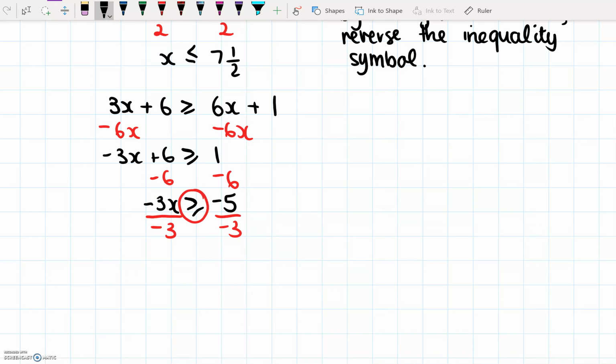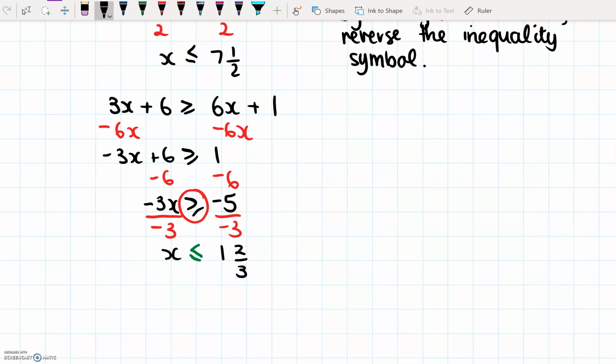So now on the left we have x, and our sign is going to be less than or equal to. Then we get 5 divided by 3, which is 1 2/3. So our solution is x is less than or equal to 1 2/3.